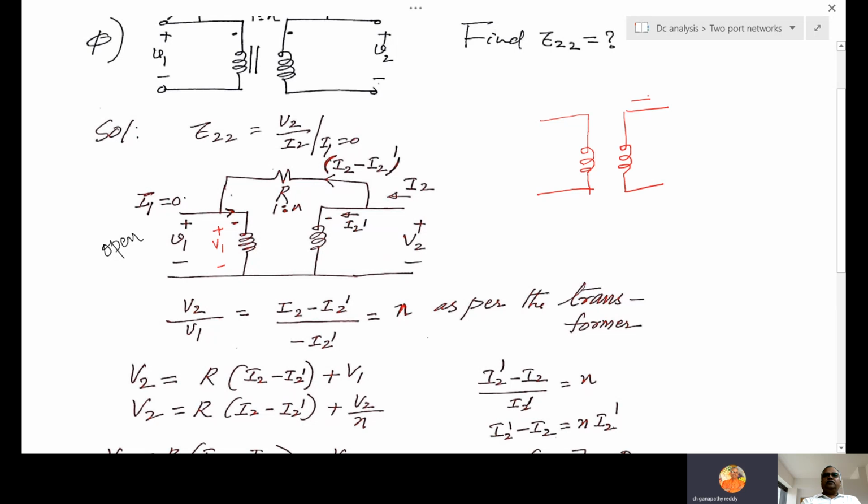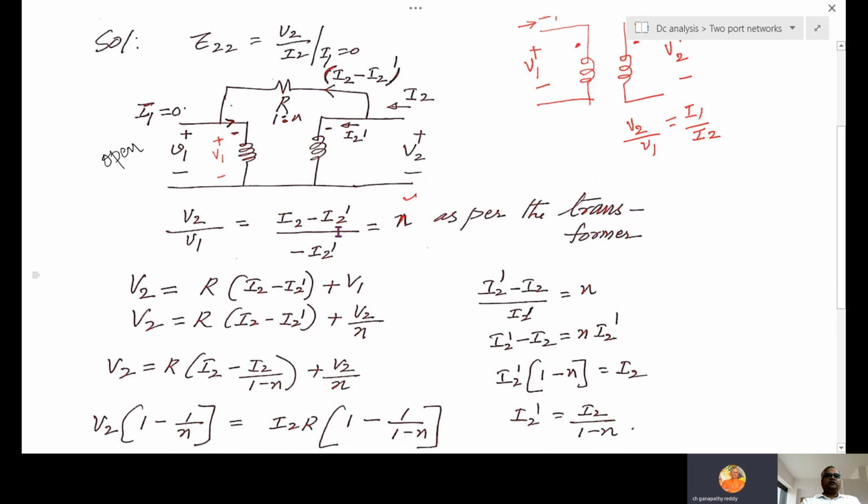Here this current should leave, I2 should leave, so there is a dot. This current should enter. This is V1, this is V2. Under this condition only, V2 by V1 is equal to I1 by I2. Same way, V2 by V1 equals the current entering, I2 minus I2 prime by minus I2 prime, is equal to N as per the transformer formula.